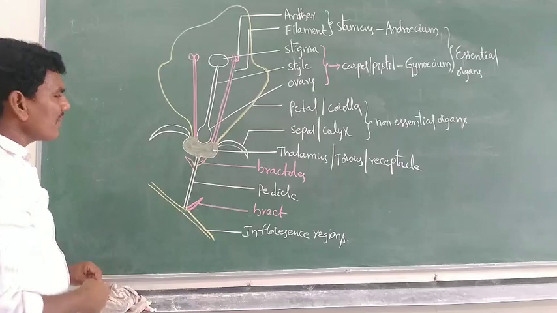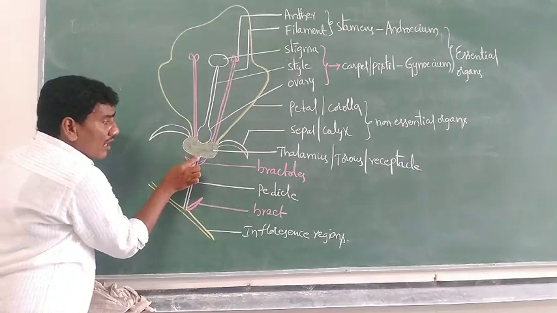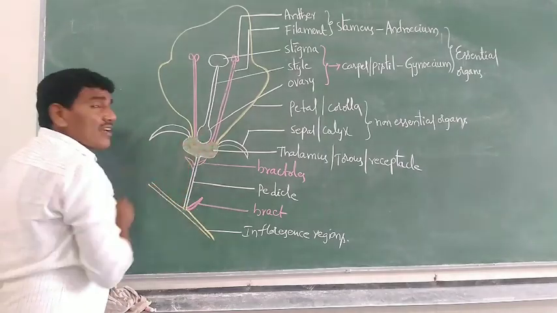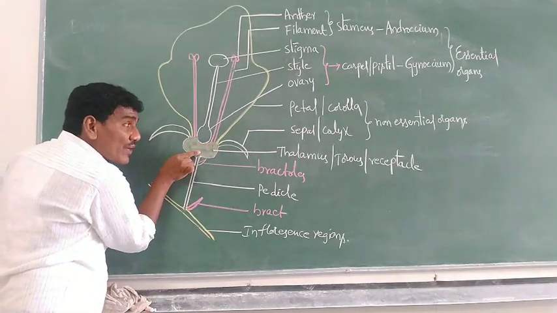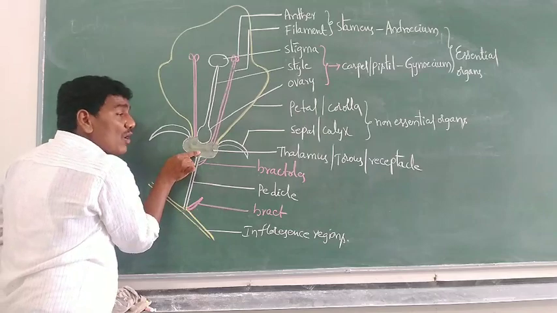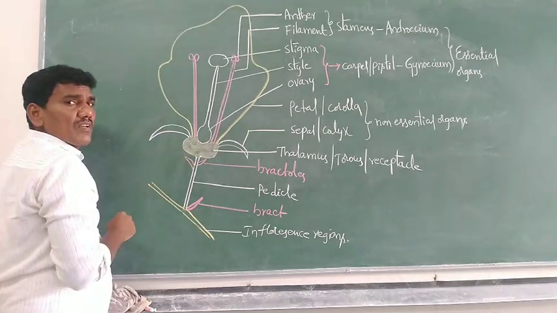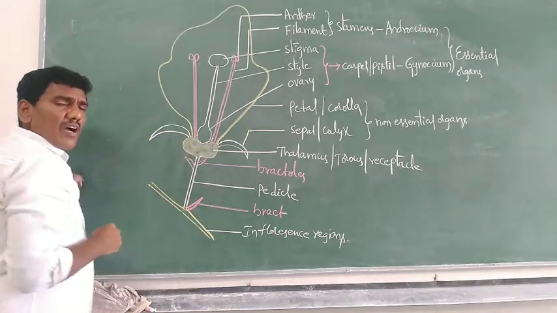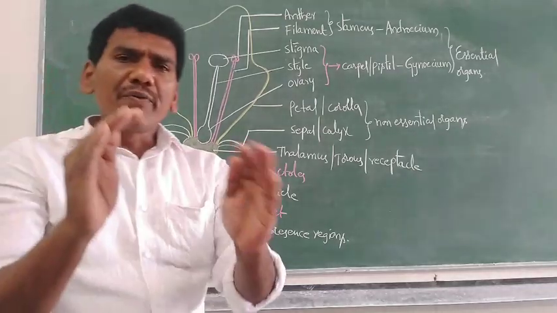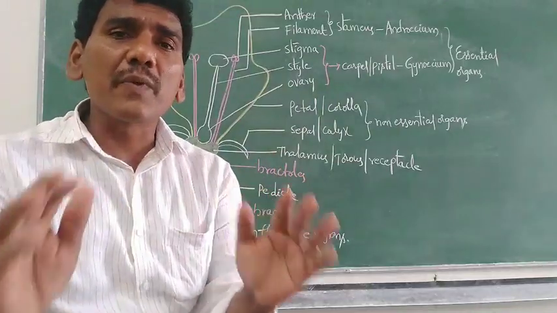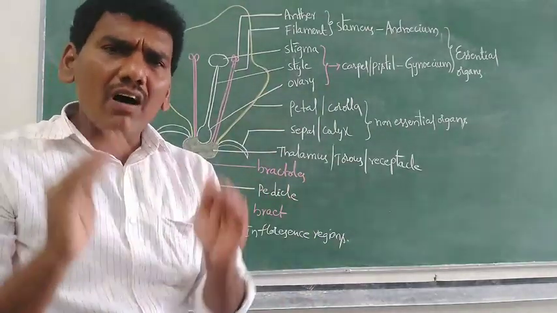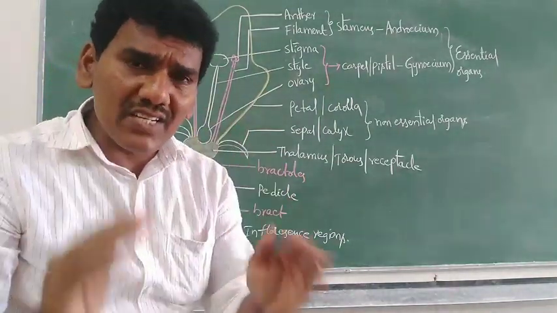Next one. Here, the expanded tip on which the whole flower is grown is also known as thalamus, torus, or receptacle. Next one, you know that in one stem, nodes and internodes are present. Leaves are always developed from the node region.